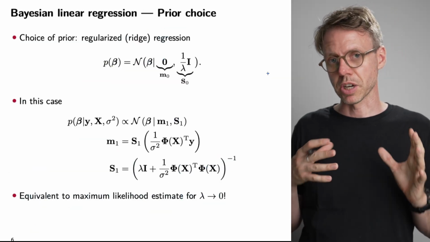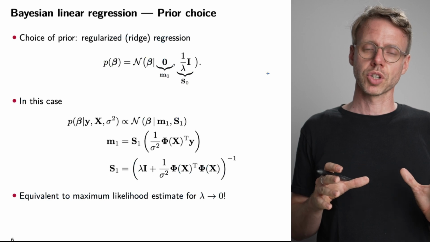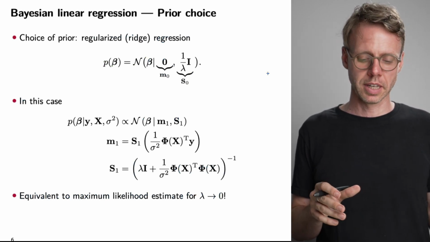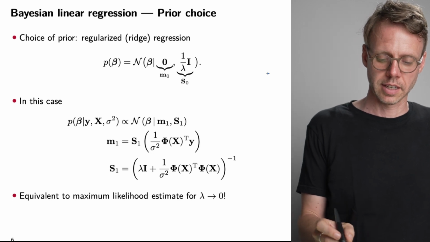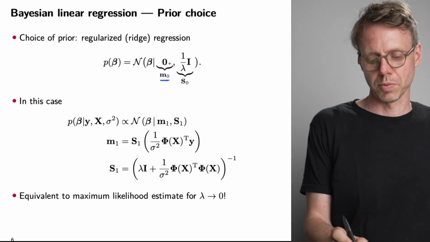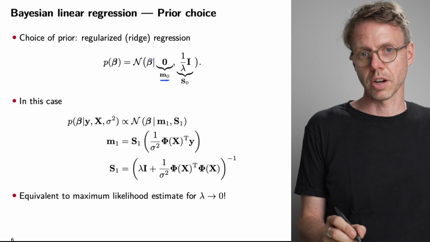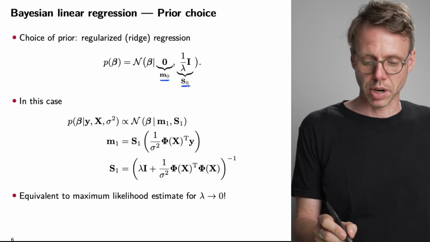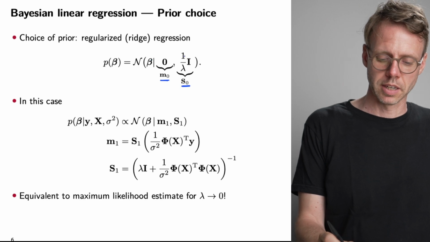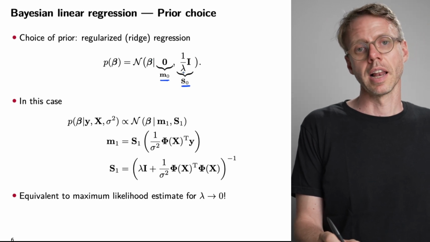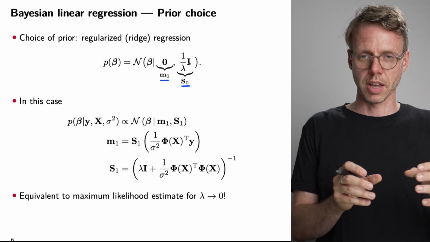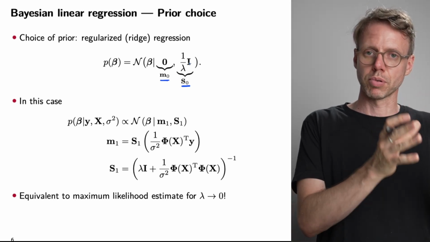Now if we look at the special case of that, which corresponds to our ridge regression example, in that case M0 would just be 0 in our prior distribution, and S0, the prior covariance, would be just 1 divided by lambda times the identity matrix. So we have a 0 mean prior.